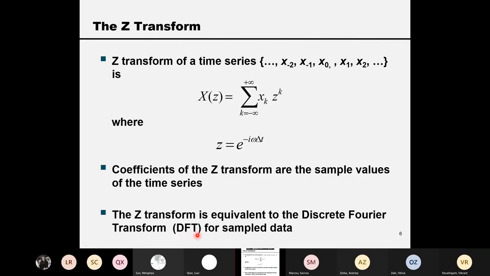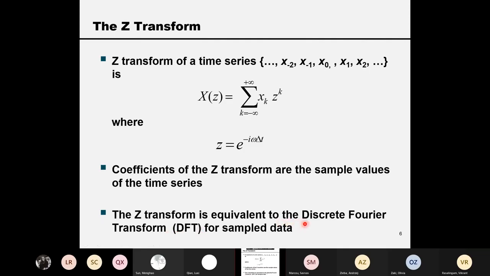I think most of you think DFT is derived from discretization of a continuous Fourier integration, right? But in fact, it's not. It's from here.